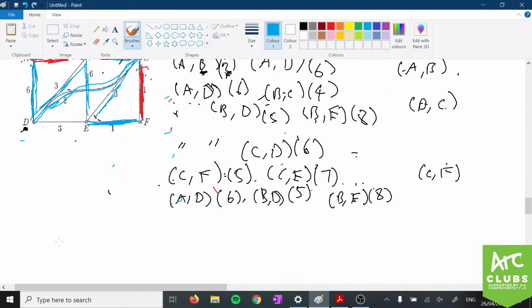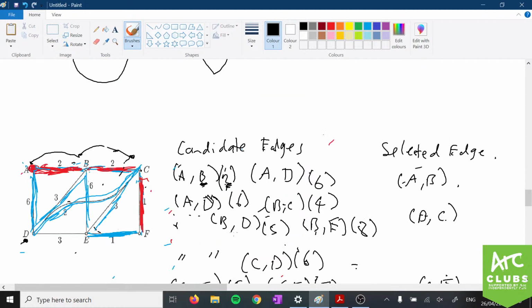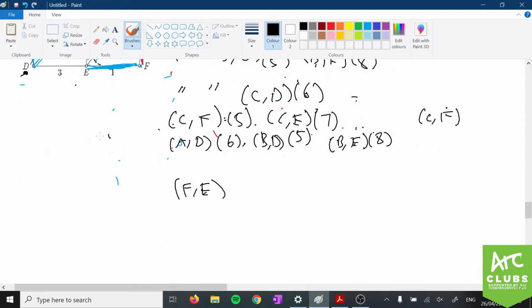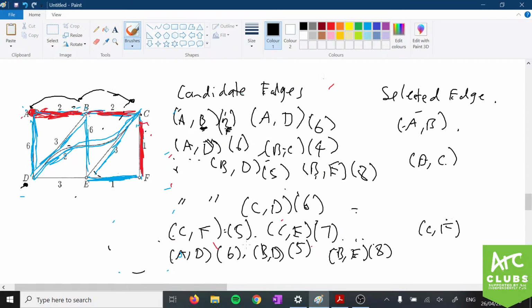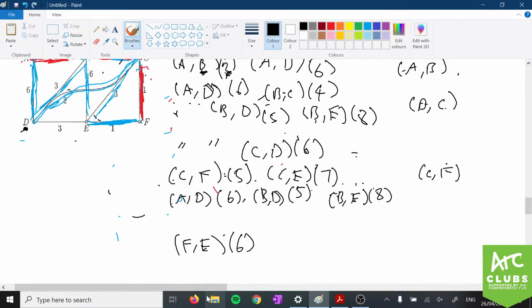And it turns out we're just adding FE here. For FE, we go along the spanning tree, so 2 plus 2 plus 1 along the red, and then along FE, which is 1. So 2 plus 2 plus 1 plus 1 ends up being 6. And the rest, honestly, everything from the previous step kind of stays except for CF, which is the one we chose.